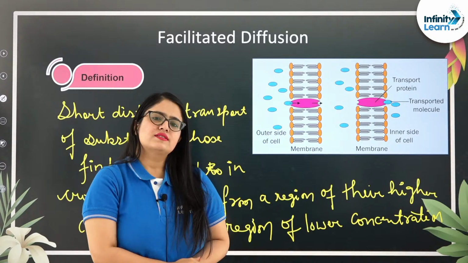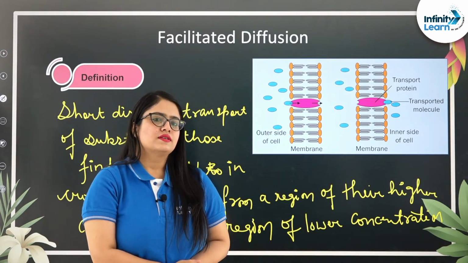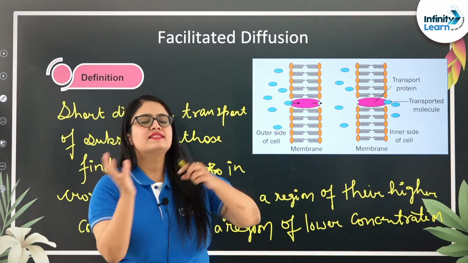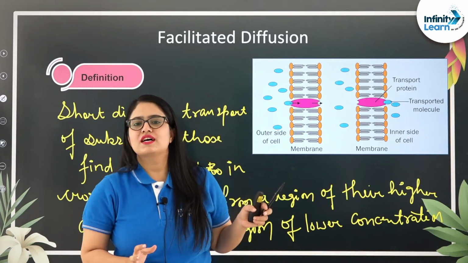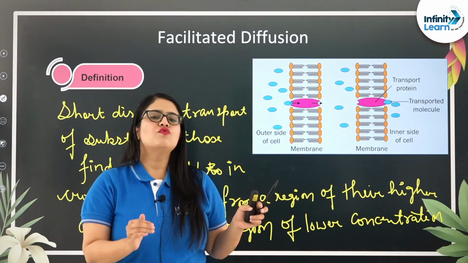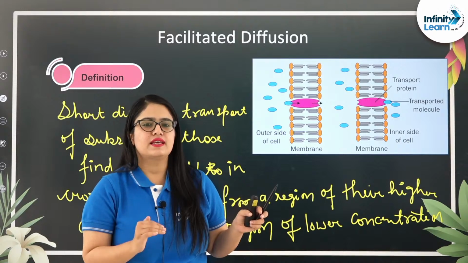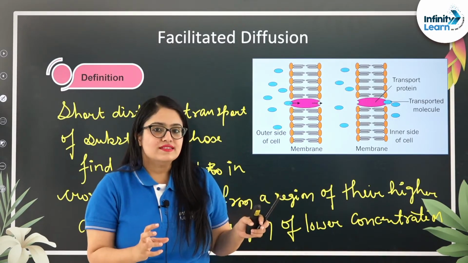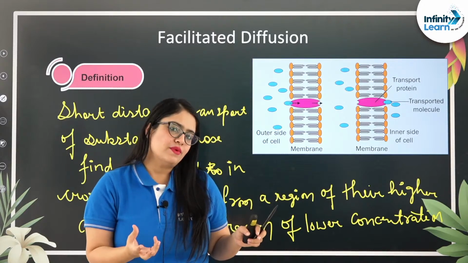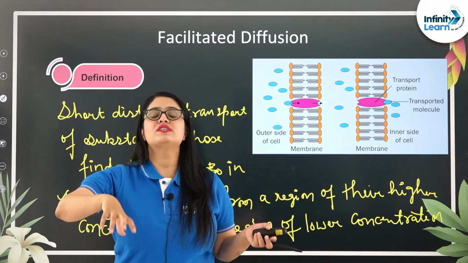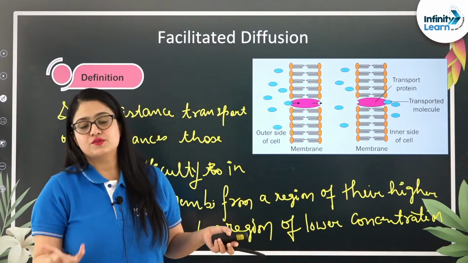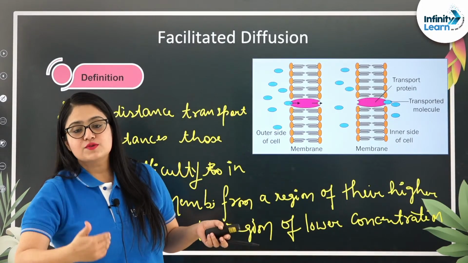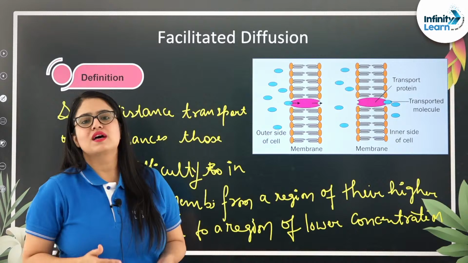Now during this, the substances which find it difficult to cross the plasma membrane, their movement is going to be facilitated or aided or helped by the proteins that are present in the plasma membrane. Not all the proteins, but the proteins that can help in transporting the substances across the plasma membrane.